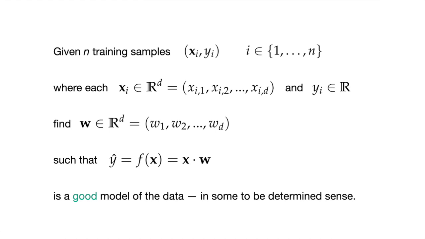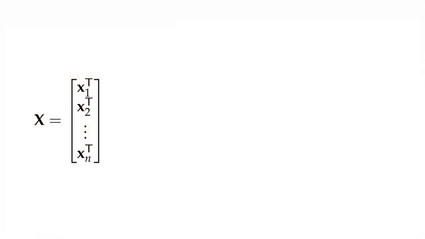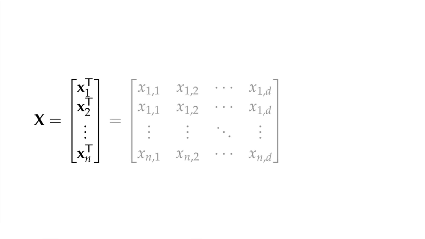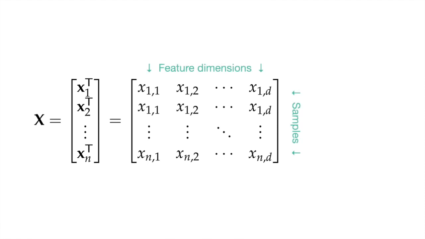the true y values. A convenient bit of notation here is to pack all of the training set inputs into a single matrix, which we'll call capital X, and in this matrix, which is known as the design matrix or the model matrix, all of the features, that is to say the individual dimensions of the input vectors x, are columns in the matrix, and all of the individual samples, that is to say each sample x, is a row in that matrix.